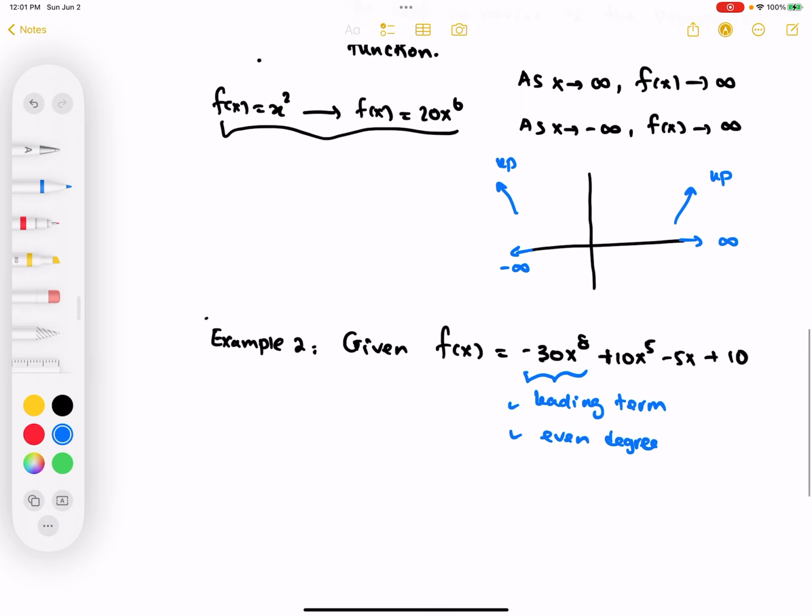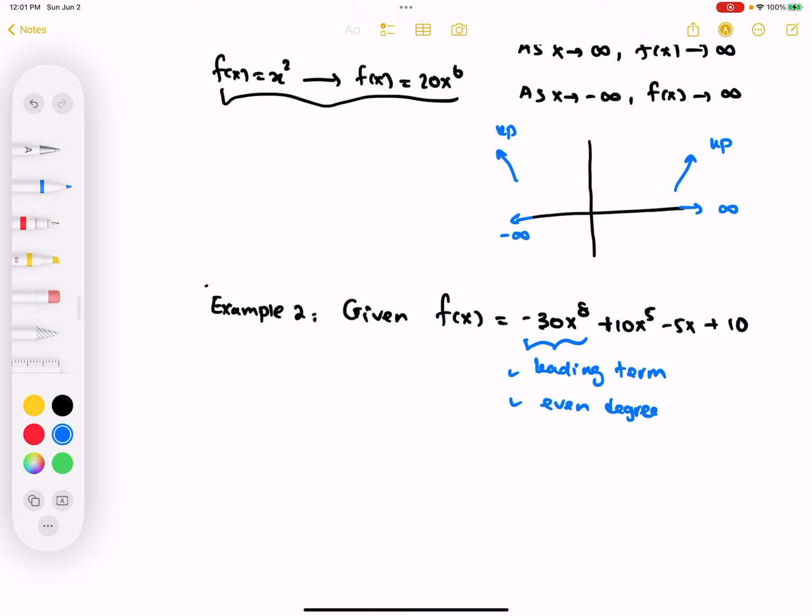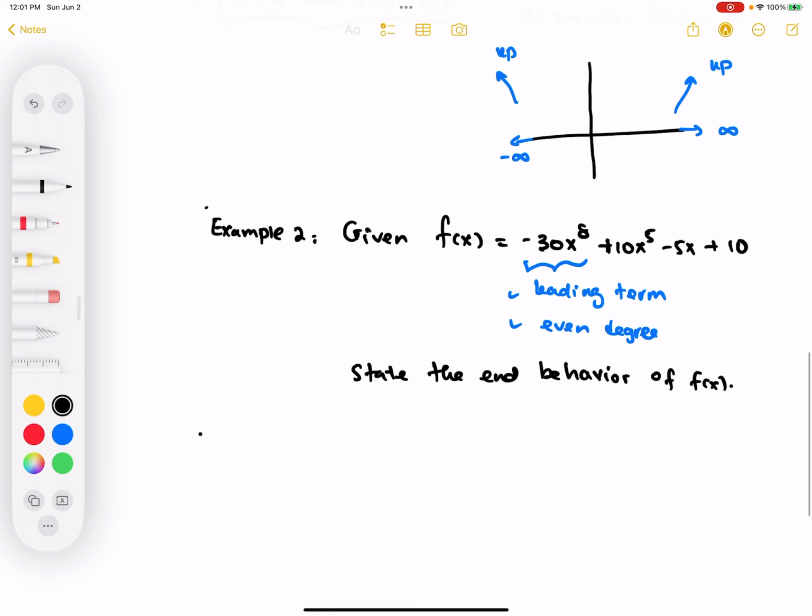Now, state the end behavior of f of x. When you analyze this one, make sure to compare with negative x squared.